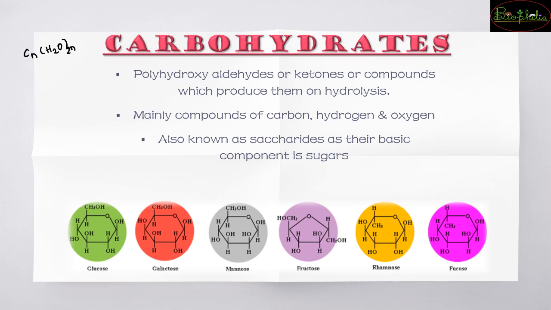So ऐसे कुछ बनता था. So now not each and every carbohydrate used to fit into this formula. या कभी कभी ऐसे होता था कि non carbohydrates are also fitting this formula. जैसे acetic acid ले लो, it fits into this formula but it is not a carbohydrate.